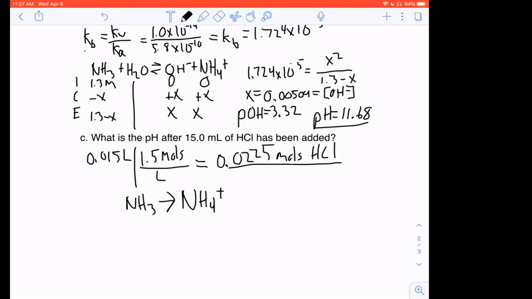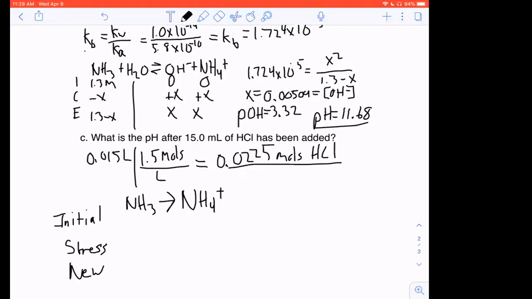This is a little different than an ICE table, and we're just figuring out how the overall moles would have changed when they react completely with that strong acid. So I'm going to call this initial, stress, and new. There's no cool acronym with this one, but it's different than an ICE table, which is why I use those letters. There are other ways you might see this written. This is just how I do it.